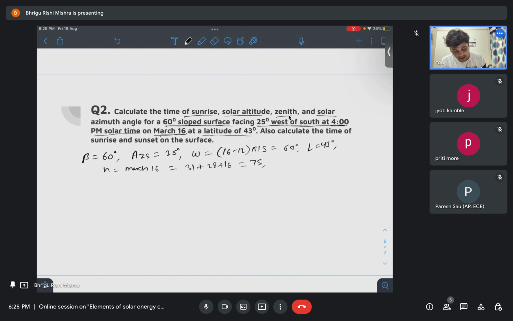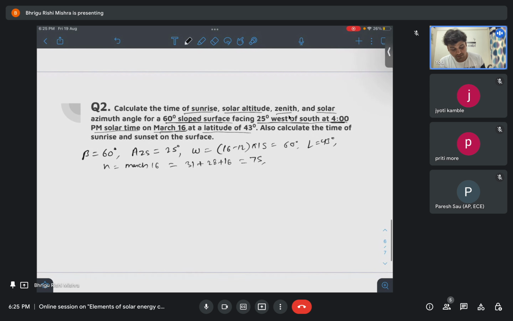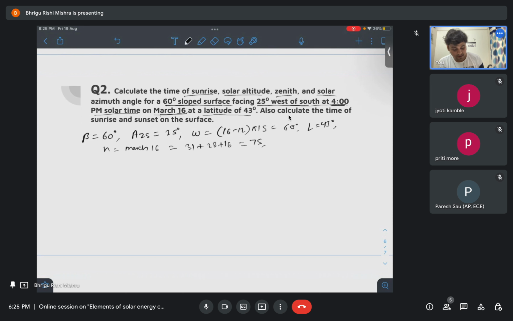Now we need to calculate the time of sunrise, solar altitude, zenith, and solar azimuth angle. For time of sunrise, we have the formula: omega s equals cos inverse of minus tan phi tan delta.